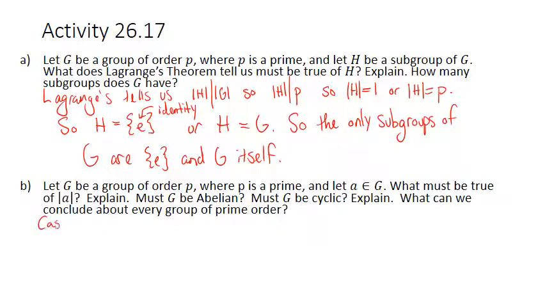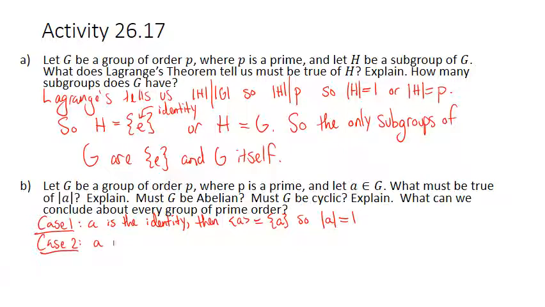Case 1: A is the identity. Then the cyclic subgroup generated by A is just the identity by itself, so the order of A would be 1. In case 2, A is not the identity.